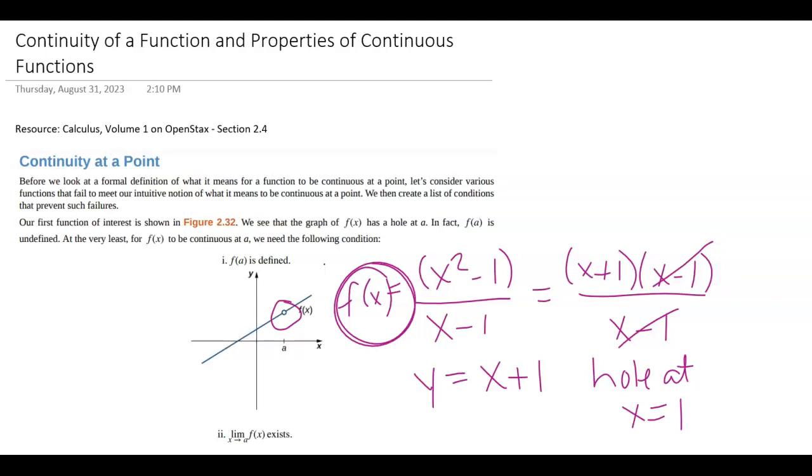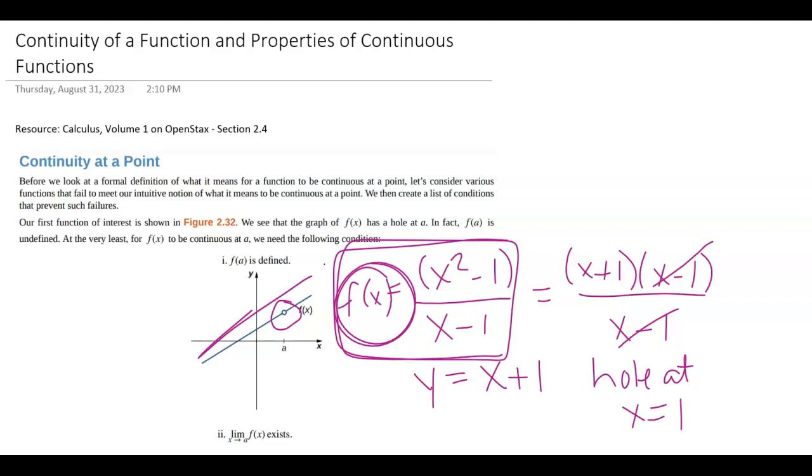If that's the function we're looking at, then it is not continuous at x equals 1. If you have a hole that is not covered up, then that function is not continuous at a.